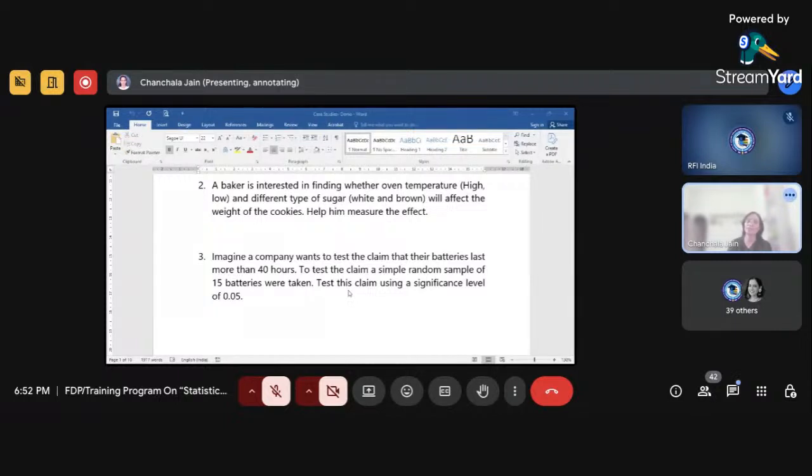To check its claim, maybe the quality inspector has taken a sample of 15 batteries. That way the mean life of those batteries can be checked against the claimed, hypothesized value. This is a case of one sample t-test. Is it clear, everyone? Yes, ma'am. Fine.